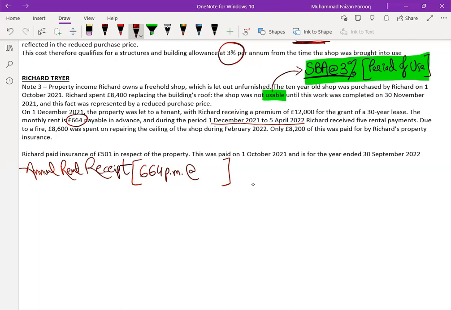Is he receiving for the whole year, or did he rent out only for some small period? Some small period.